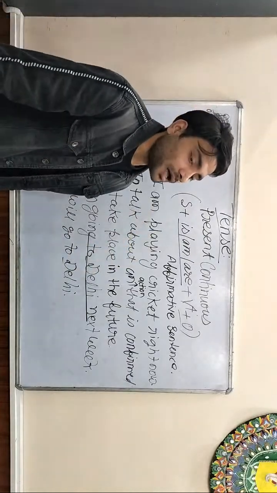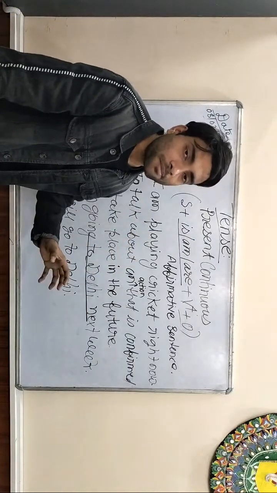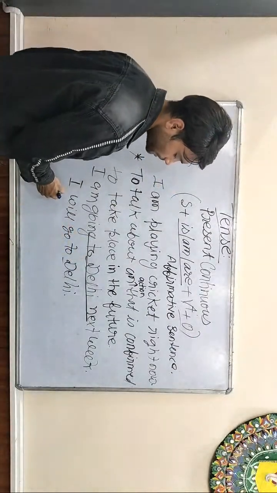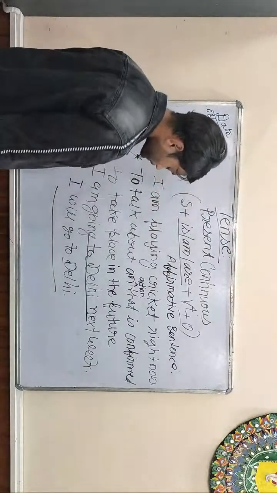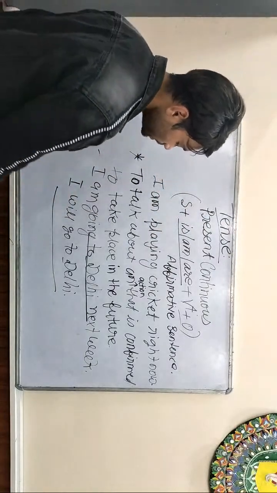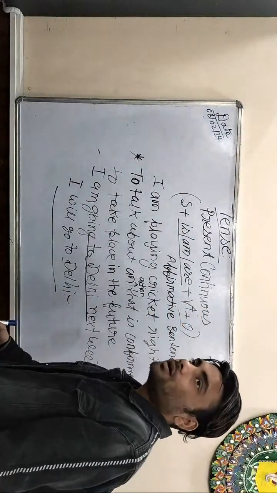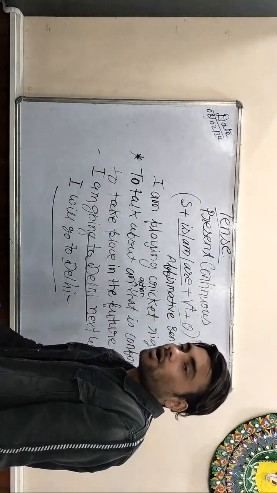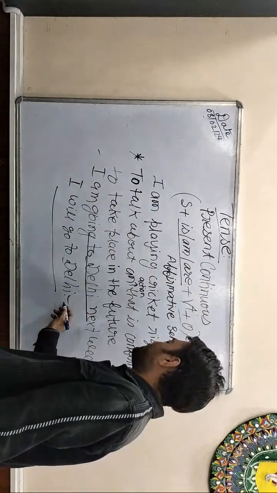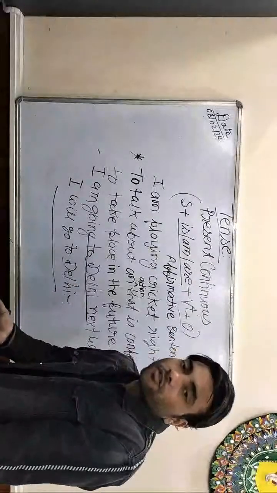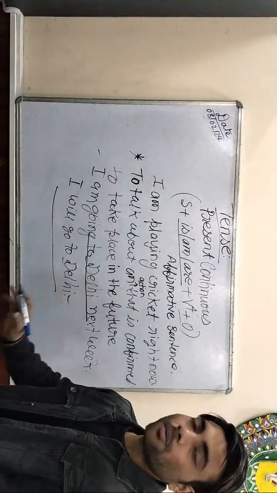There's a 99% chance that this thing is going to happen. When you use I will go to Delhi, it is not that sure. You are not sure whether you are going to Delhi or not. This has less possibility to happen. Keep that in your mind.